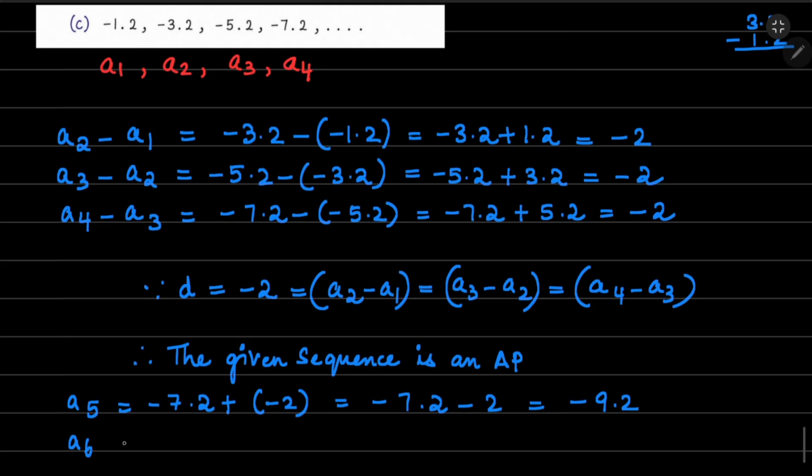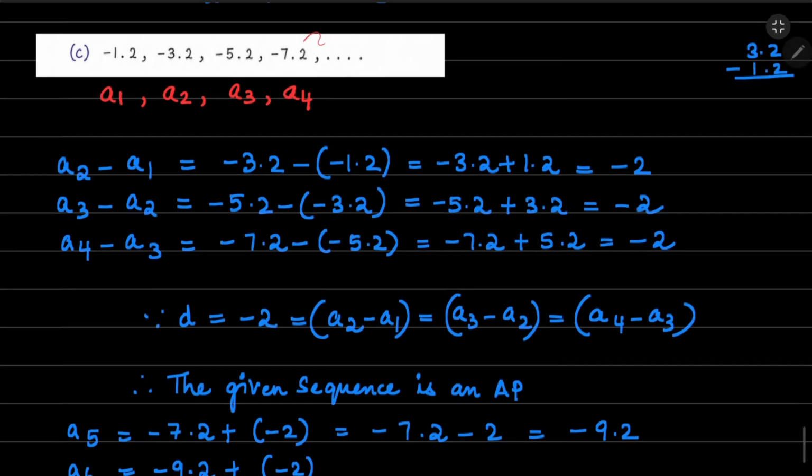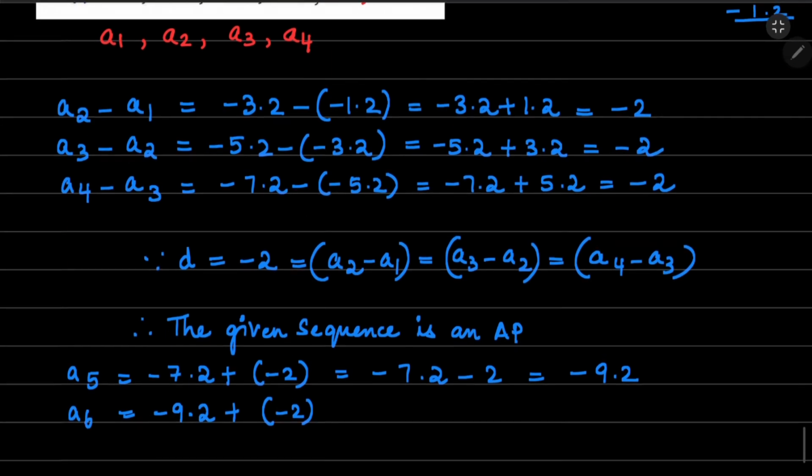What will be the sixth term? Sixth term will be fifth term, that is minus 9.2 plus, what is your D? Minus 2. So minus 9.2 minus 2, which will be minus 11.2.